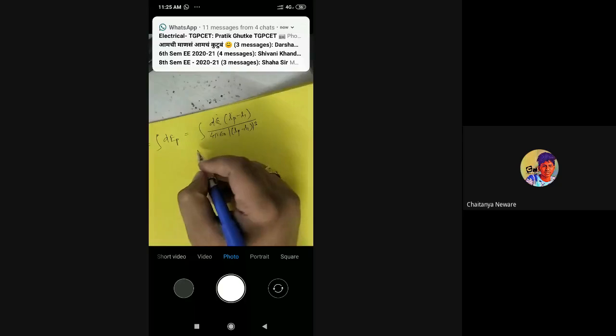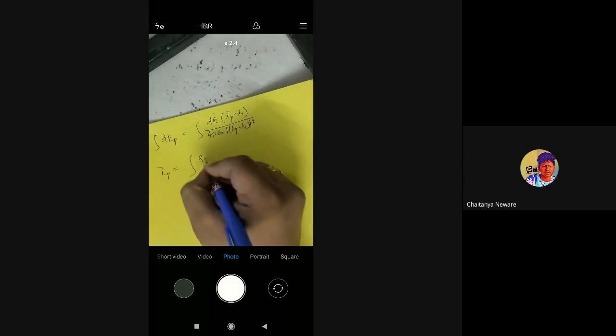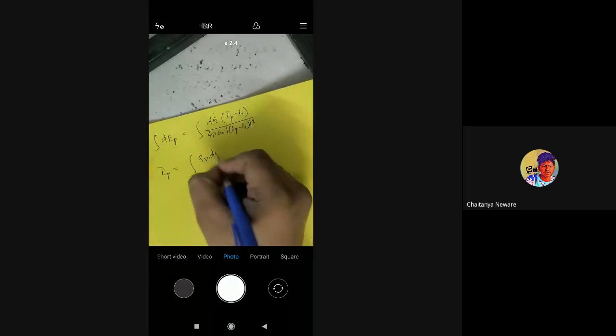So first we have to find it for volume charge density. So EP bar is equal to the integration, where the value of dq is rho v dv. Only we have to put the value of dq; the others are the same.